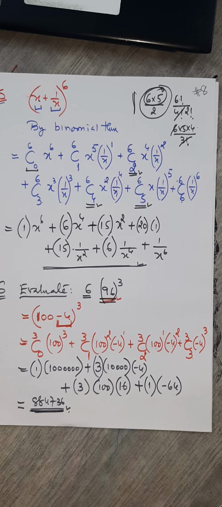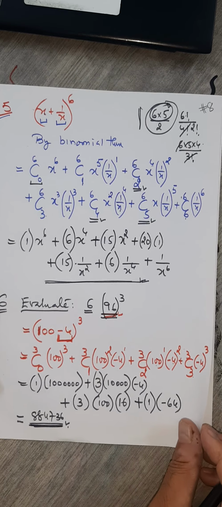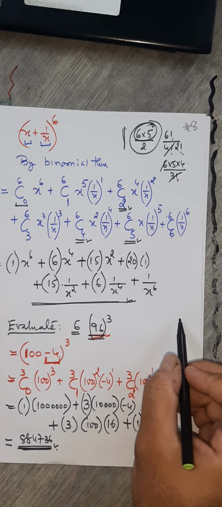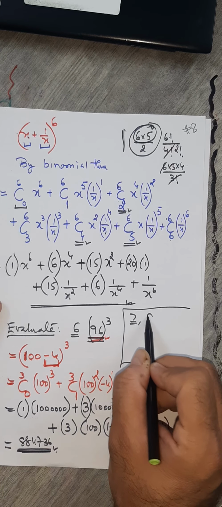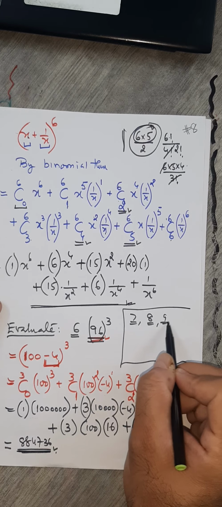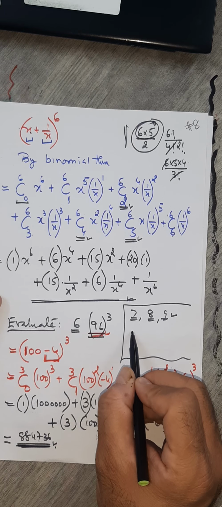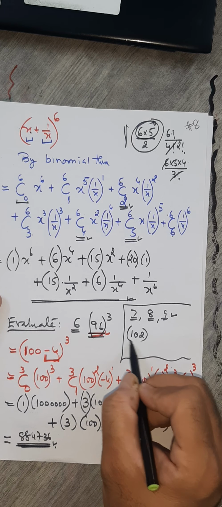Now same way you can go for the 7th, 8th and 9th, these 3 questions. Question number 7, 8th and 9th, these 3 questions you can do. How do you do 7th? 102 whole raised to 5.